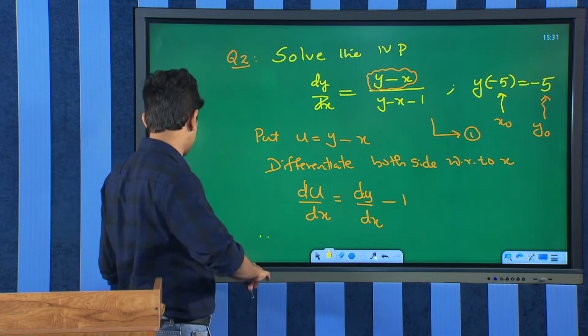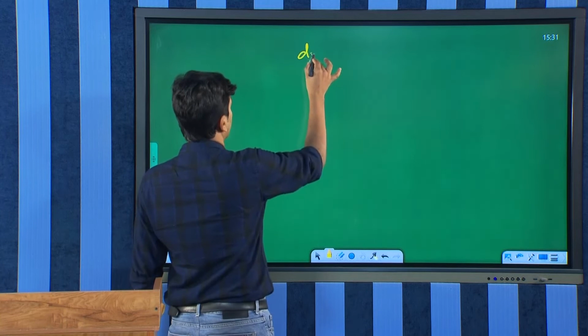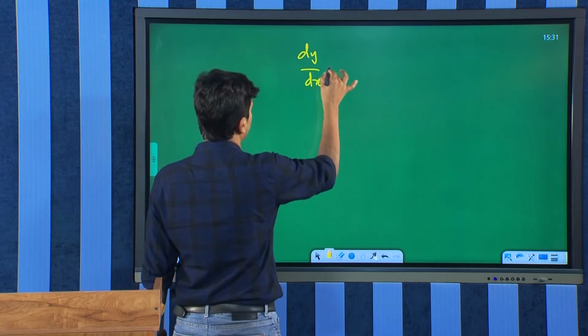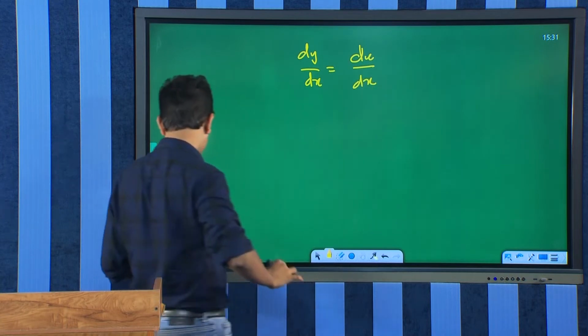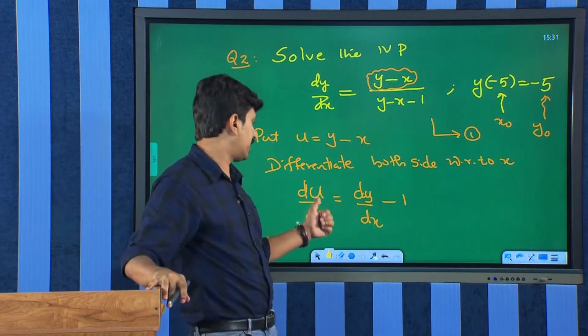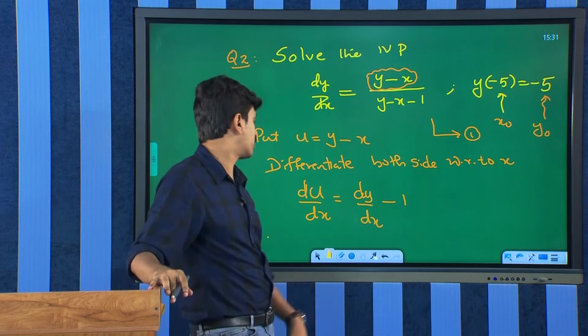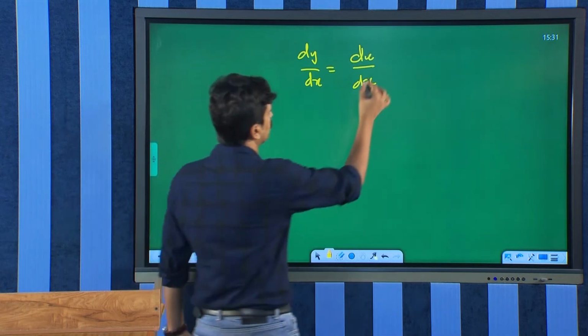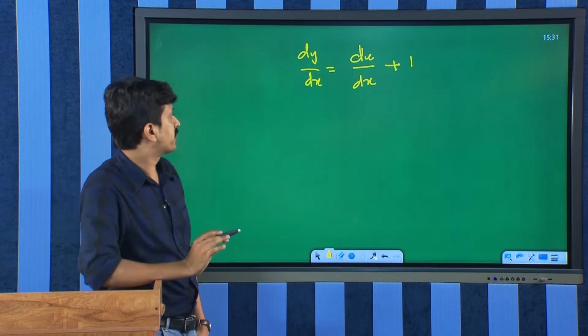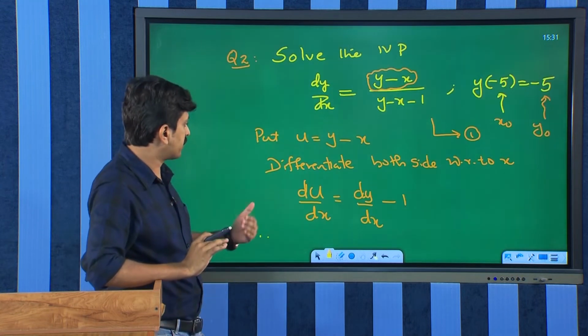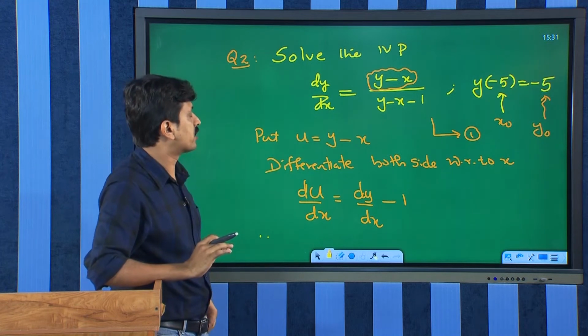Therefore, dy by dx is equal to du by dx plus 1, taking minus 1 to the other side. Now we apply this in equation 1.